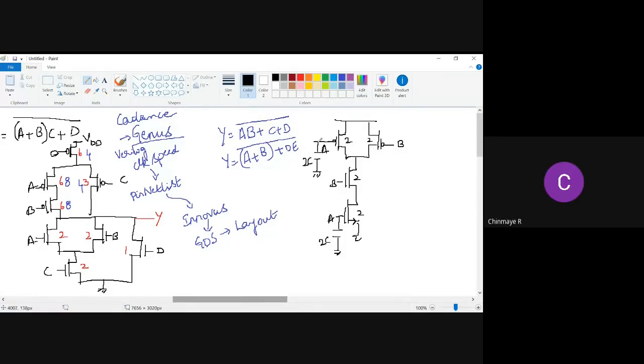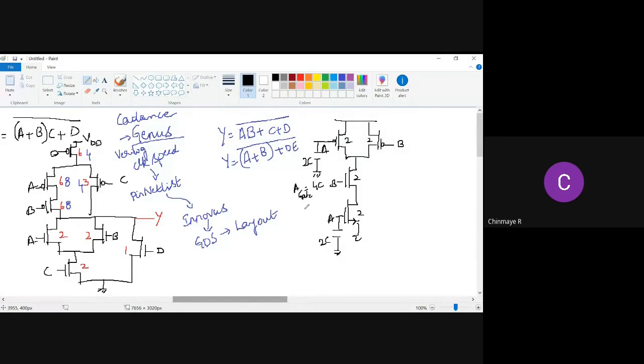So basically this input A goes to both PMOS and NMOS. Therefore, the total capacitance at gate A is how much? Correct, 2C in parallel with 2C. Therefore, you will have 4C at the gate.